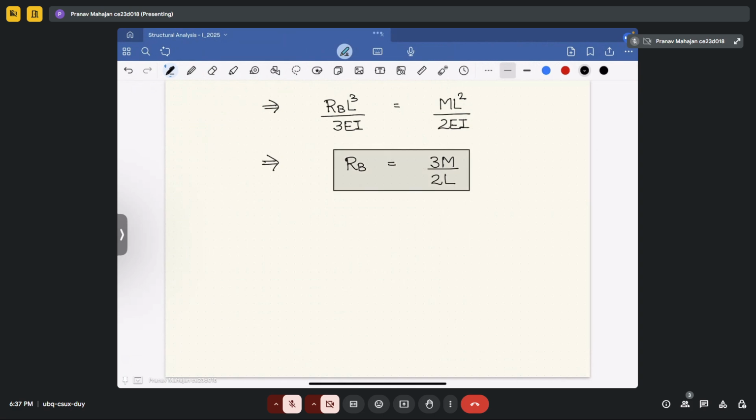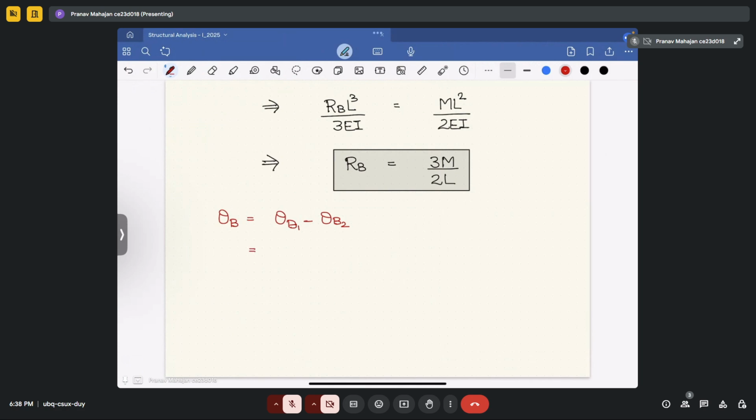But what we are interested in determining is the slope at that particular point, or you can say the rotation at that point. Now you know RB, and since theta B will not be equal to 0 at the roller support, theta B will become equal to theta B1 minus theta B2.